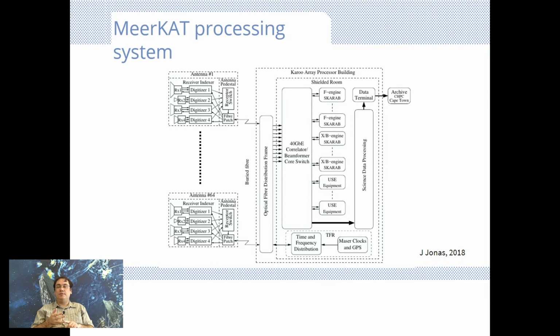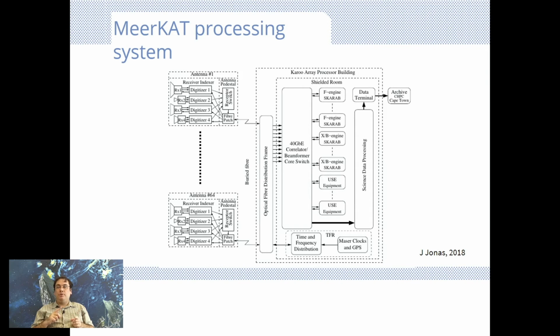These F engines, as they are referred to, are the channelizing components. It takes the time variable voltage and Fourier transforms that into frequency space. So we measure in frequency in hertz, and it then takes the output from each of these F engines and correlates that together. That is referred to as an FX correlator.